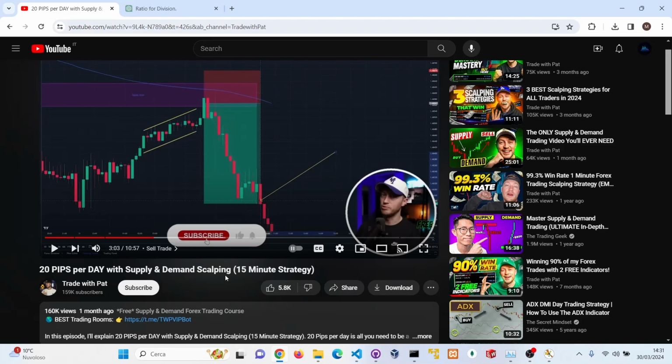I'm pretty curious how he backtested this strategy, and why he doesn't show the trades the software took. It's quite simple. It doesn't take time to show trades.